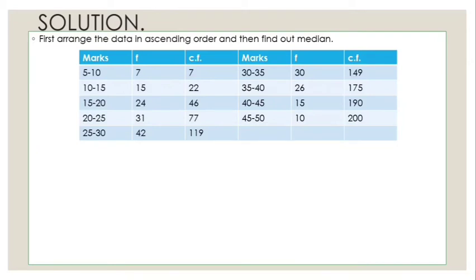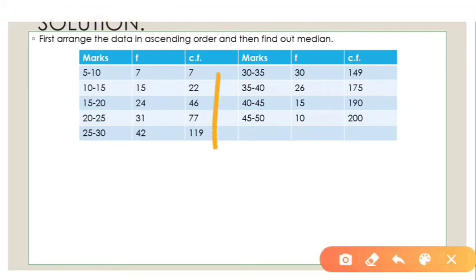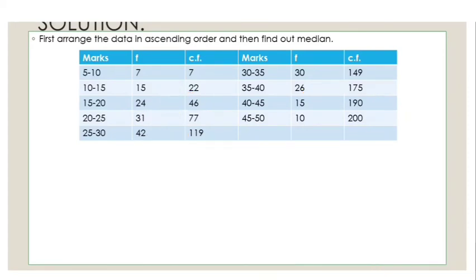After that, we have calculated the cumulative frequency: 7 plus 15 is 22, 22 plus 24 is 46, 46 plus 31 is 77, 77 plus 42 is 119, 119 plus 30 is 149, then 149 plus 26 is 175 and so on. So we have calculated the CF.